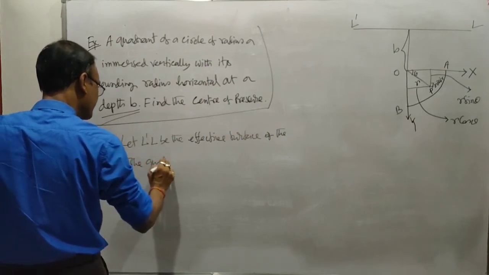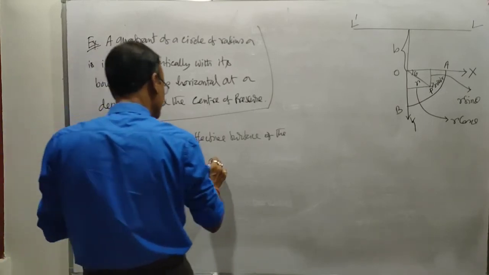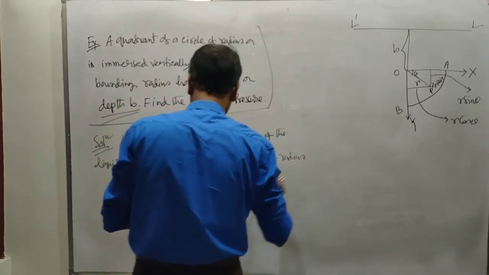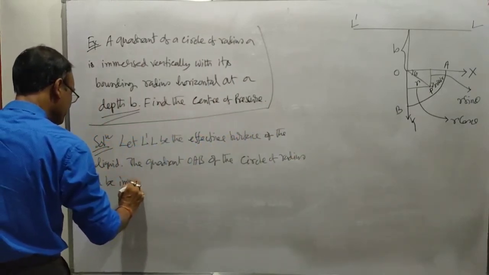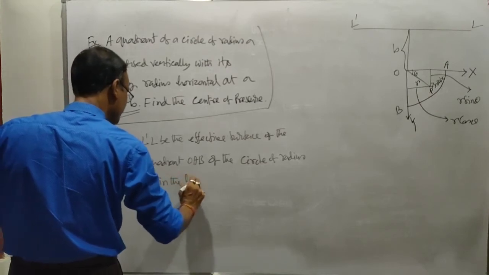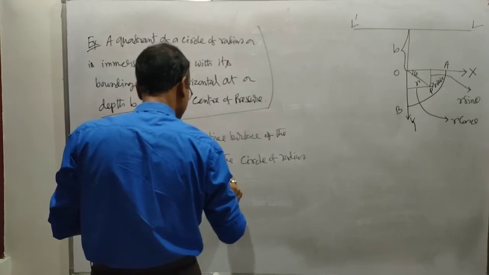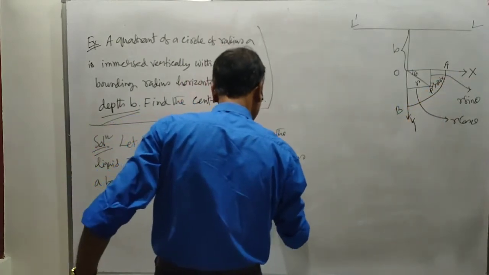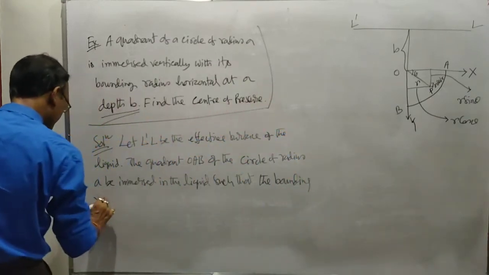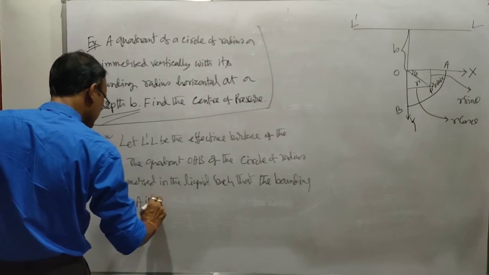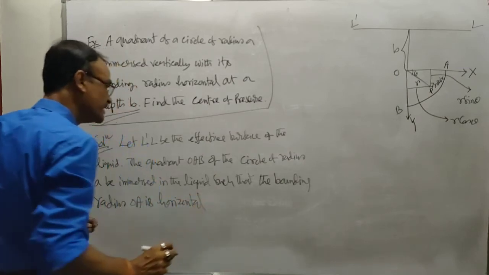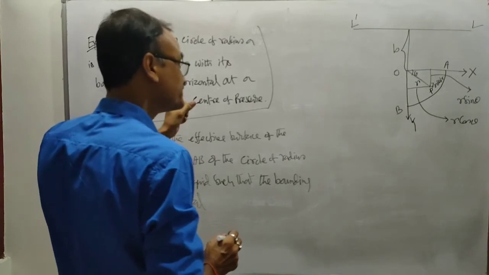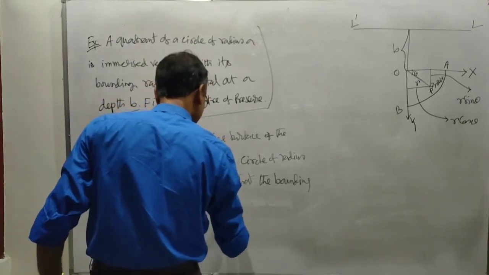The quadrant OAB of the circle of radius A be immersed in the liquid in such a way that the bounding radius OA is horizontal, and OB is vertical.